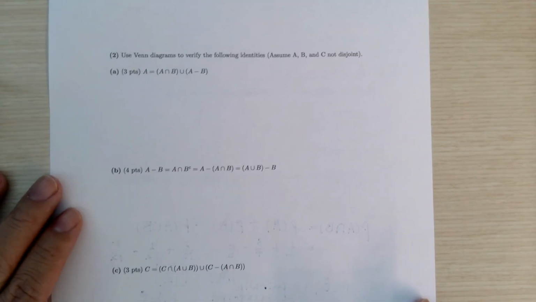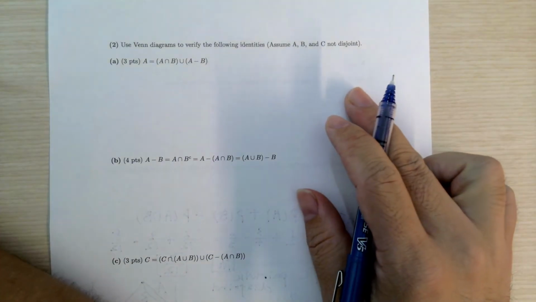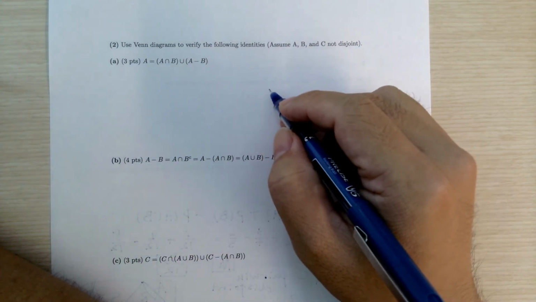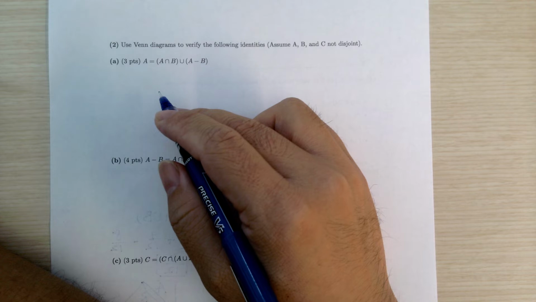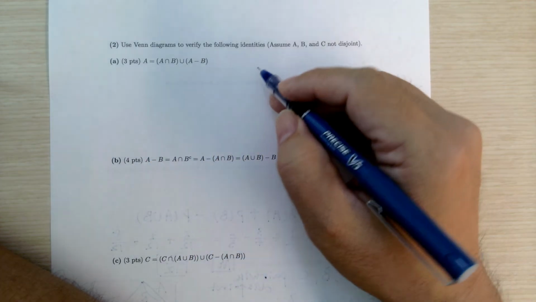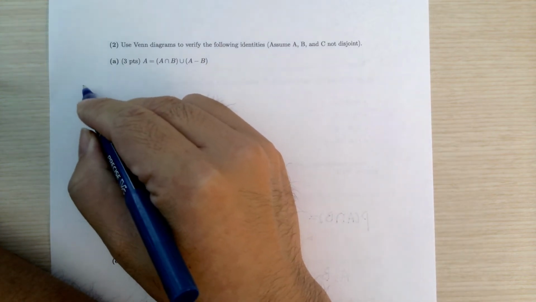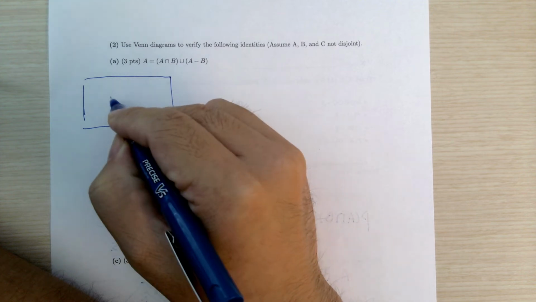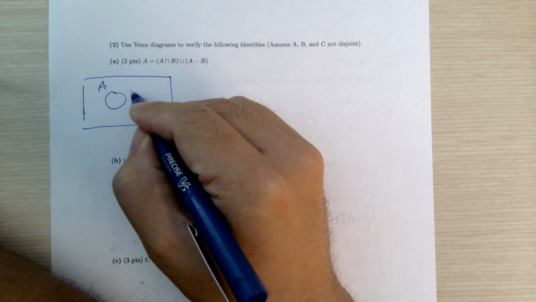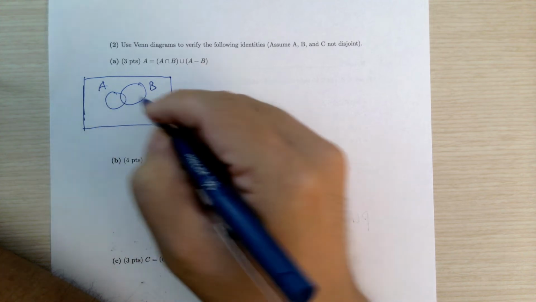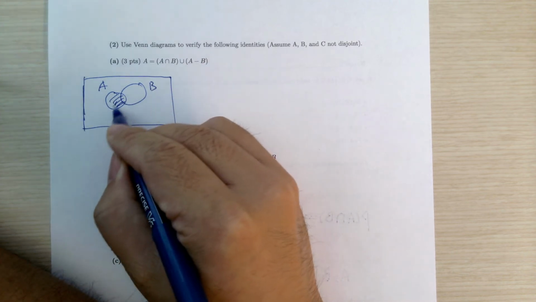All right. Second part. This is talking about using the Venn diagram to verify the following identities. Assume A, B, C are not disjoint. So first one, if we draw a Venn diagram, let's only consider A and B at this stage. This is the set of A, this is the set of B. So the set of A is right here.